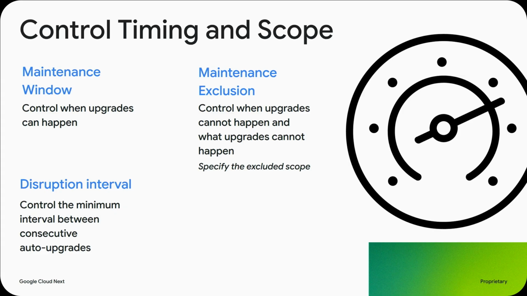We've added that recently. This is for you to specify the interval between 2 consecutive auto upgrades so that we can auto upgrade you often if you have, let's say, large scale clusters, but only have a specific interval between 2 consecutive auto upgrades to a new version.